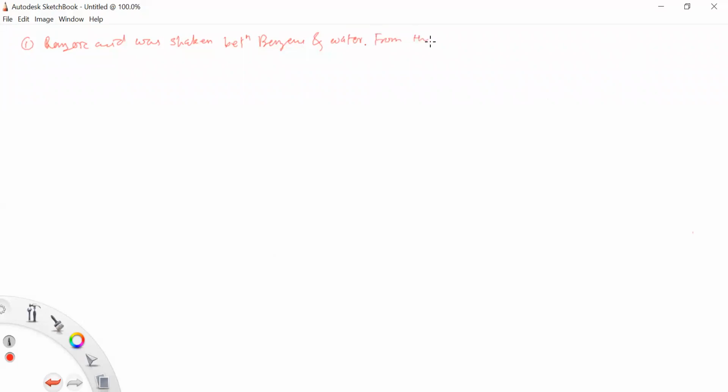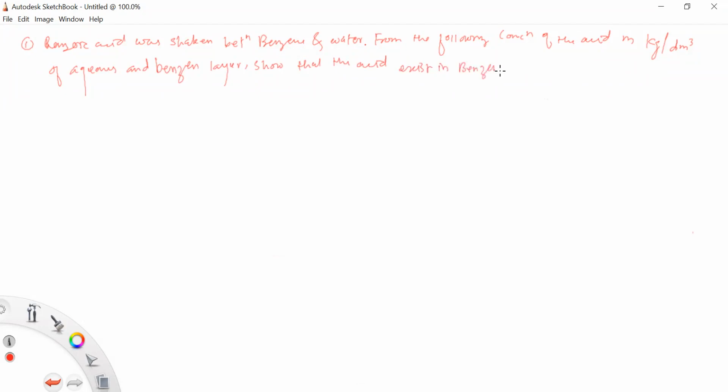From the following concentration of the acid in kilogram per dm cube of aqueous and benzene layer, show that the acid exists in benzene as a dimer, C6H5COOH by 2, as a dimer.